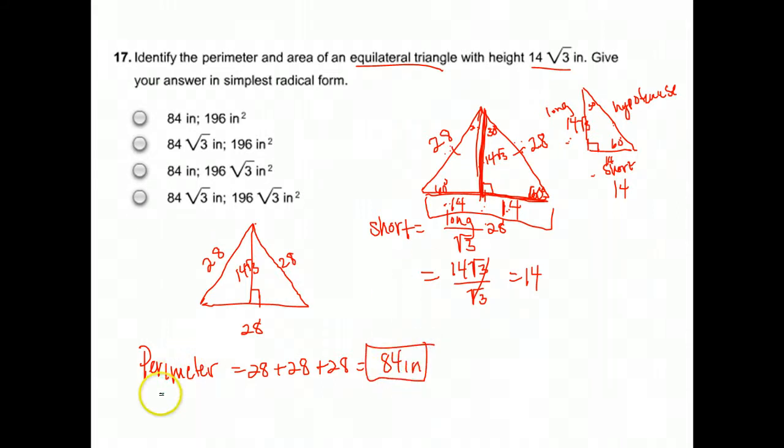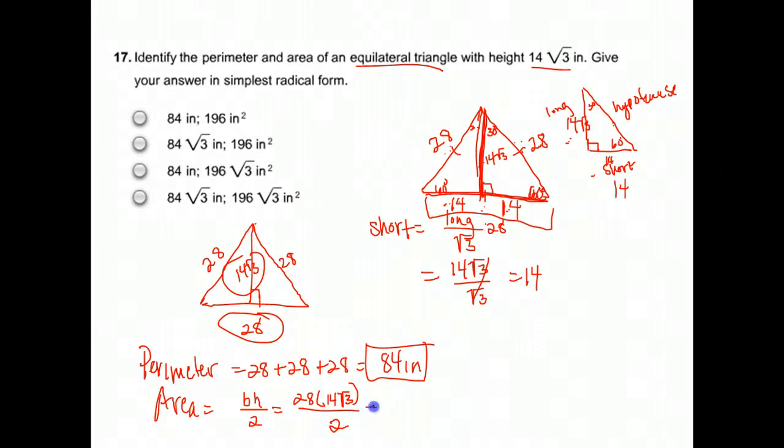There's our perimeter. For a triangle, again, the area is the base times the height divided by 2. Our base was 28. Our height was 14 root 3. And then we divide by 2. Keep going. 28 times 14 gives me 392 root 3 over 2.